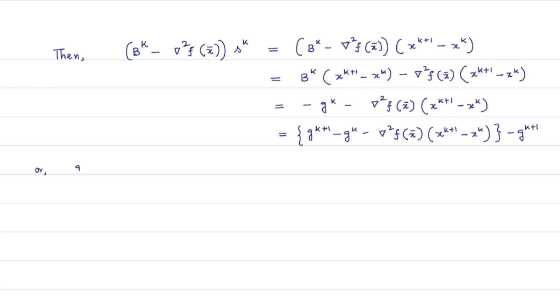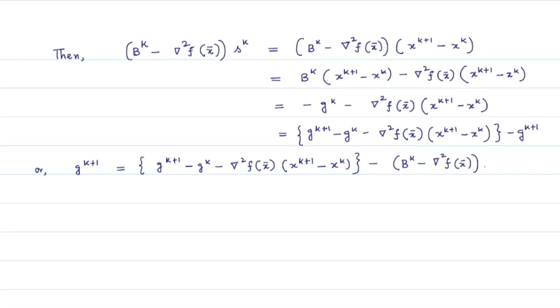And therefore, (B_k minus the Hessian at x bar) times s_k can be written as g_{k+1} minus g_k minus the Hessian at x bar times s_k, minus g_{k+1}. We shall require this equation later, and thus let us name it the first equation.